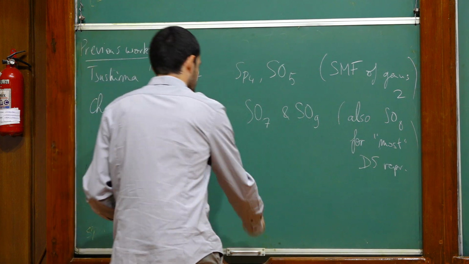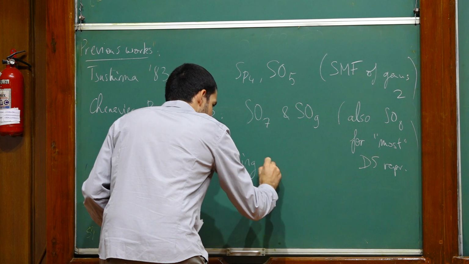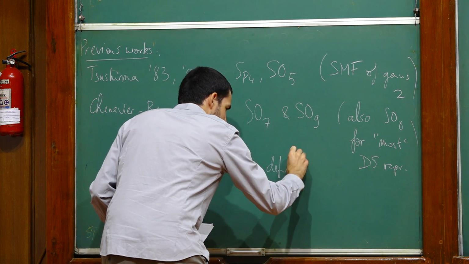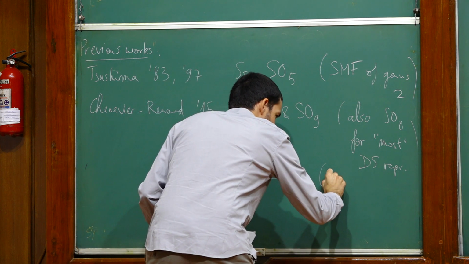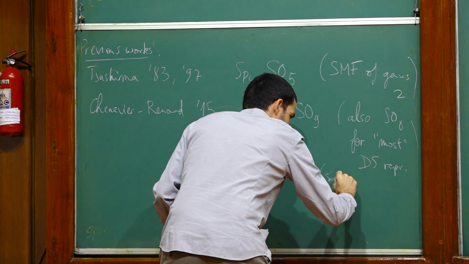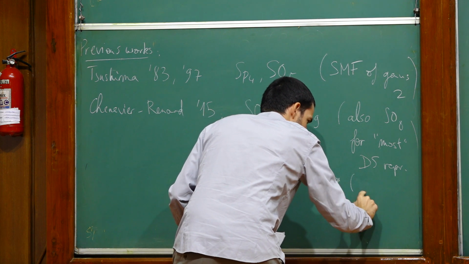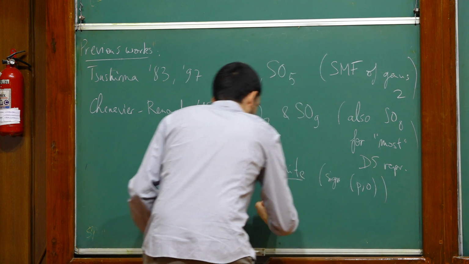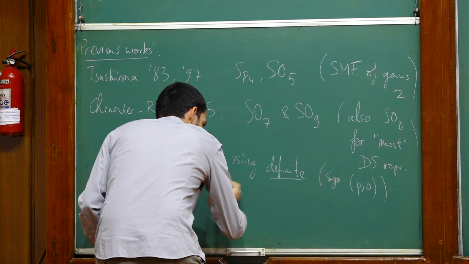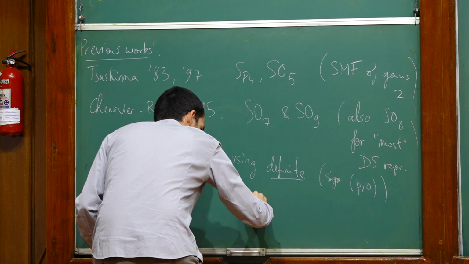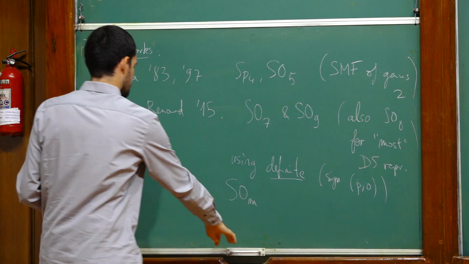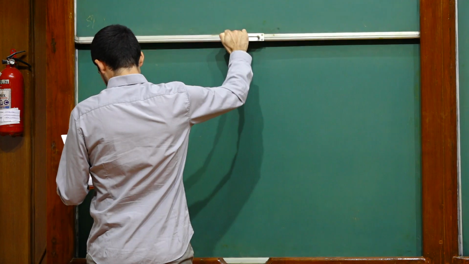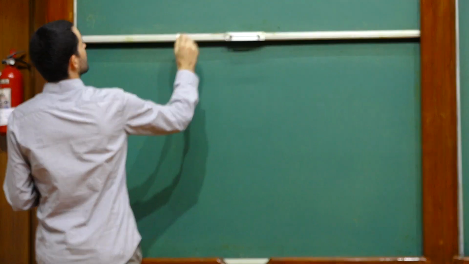And that was using definite, so signature, let's say (p,0) or (0,q), orthogonal groups. So in this case, I want to say a bit more.